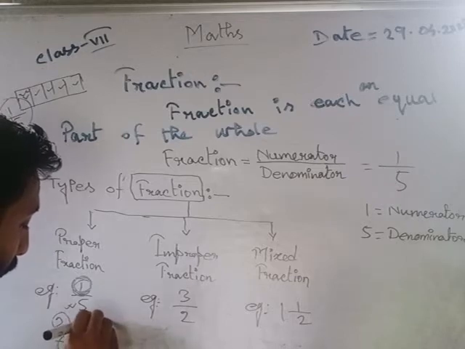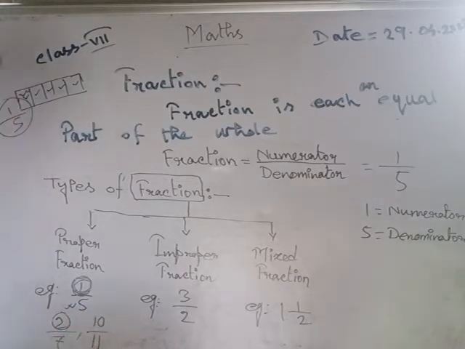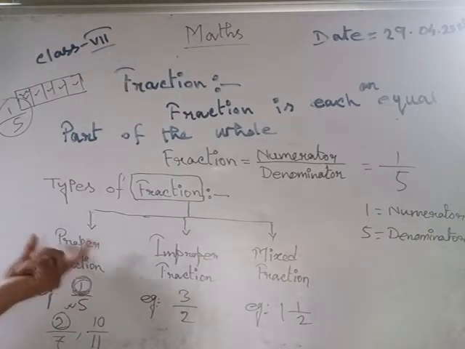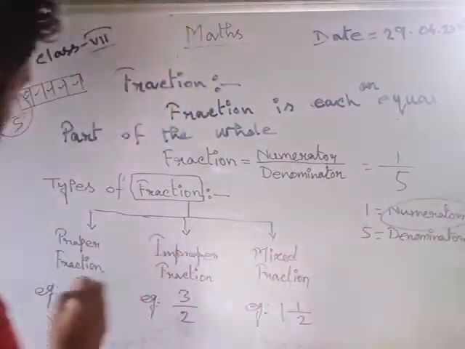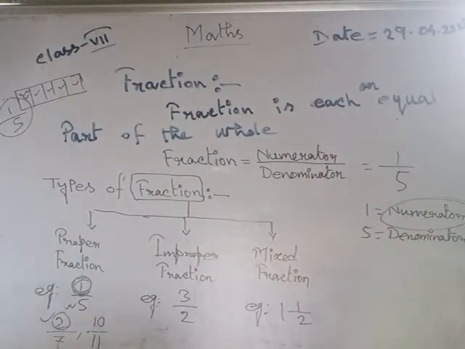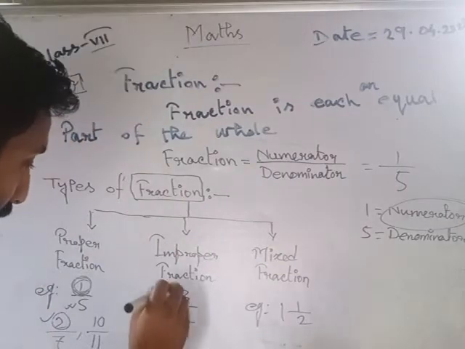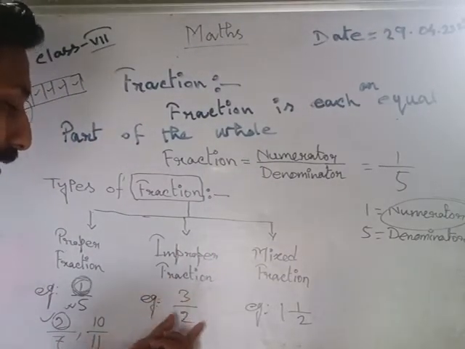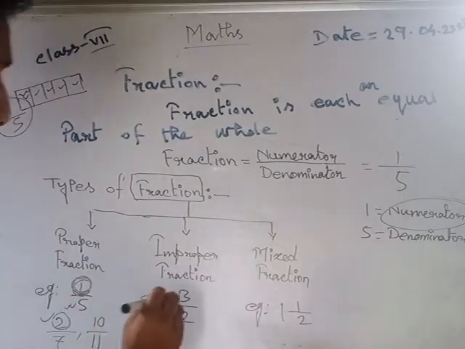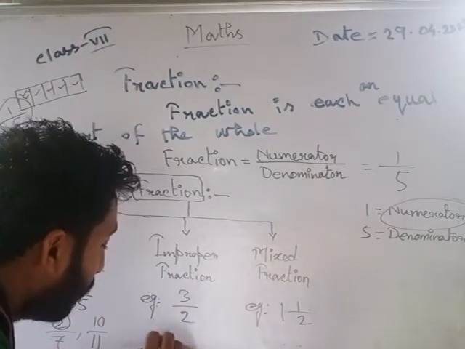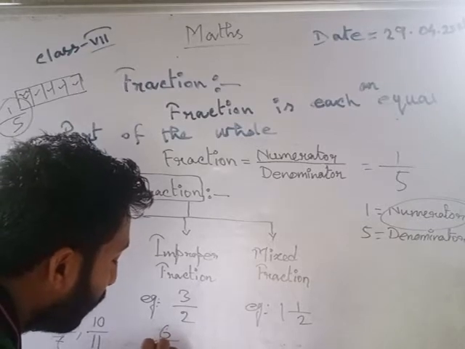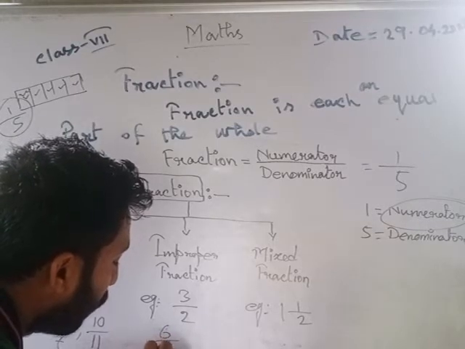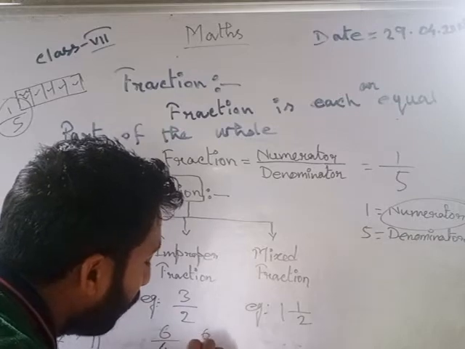If the numerator is 10, the denominator is obviously 11 or 12. If it is an improper fraction, then the numerator is greater than the denominator. If the denominator is 6, the numerator is greater than 6.